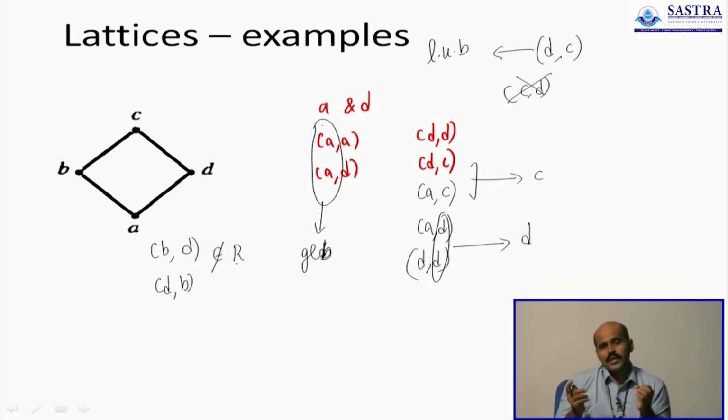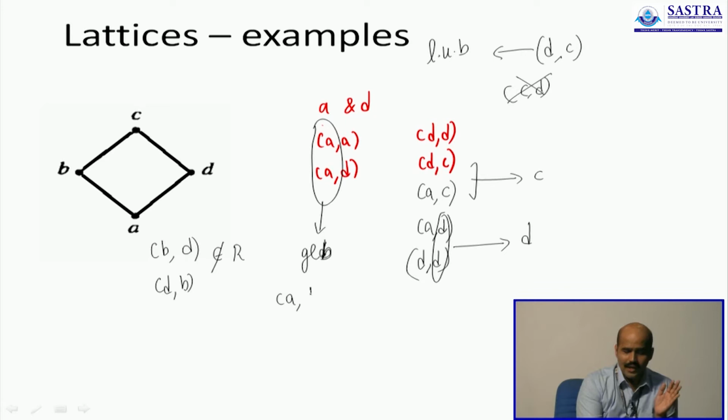However, we are interested in finding out whether these two elements actually have a GLB as well as an LUB. Now considering that, you will see that the element A is a common lower bound for both B and D, because you have both AB as an ordered pair as well as AD as an ordered pair.